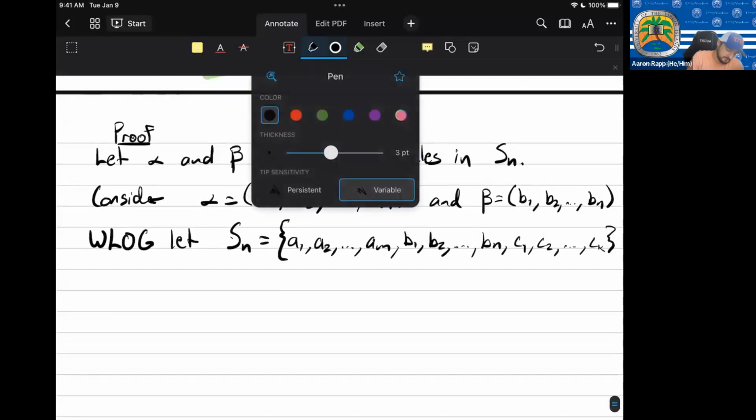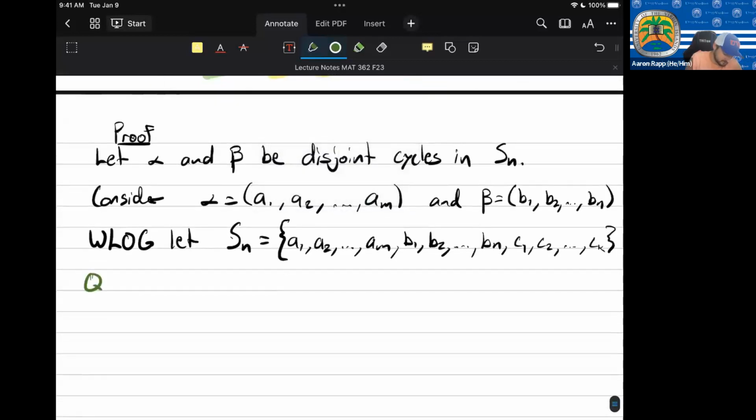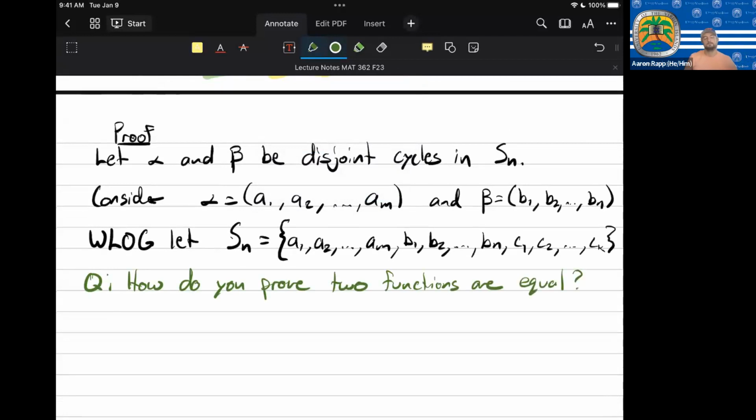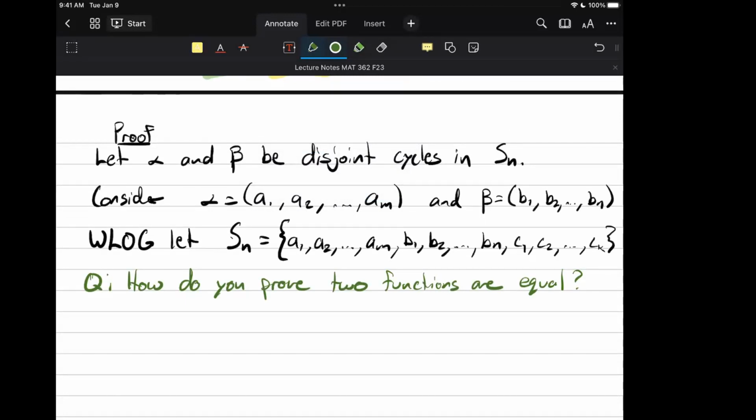So, side question. How do you prove two functions are equal? Assume that there's two of them.